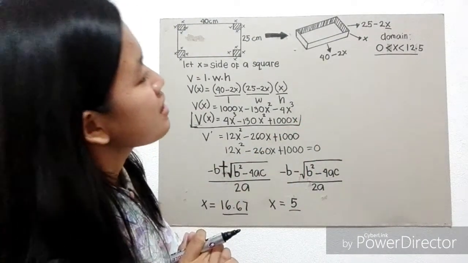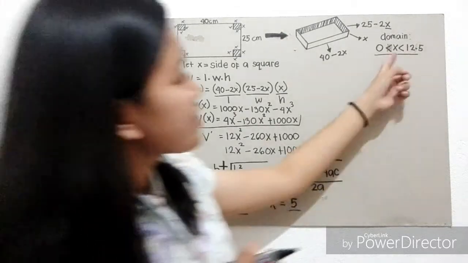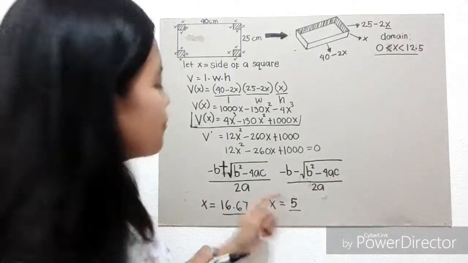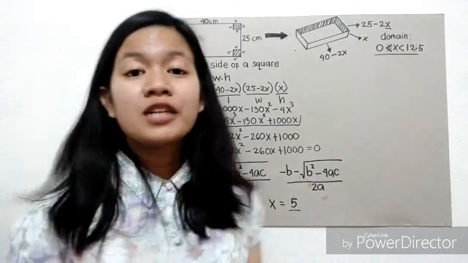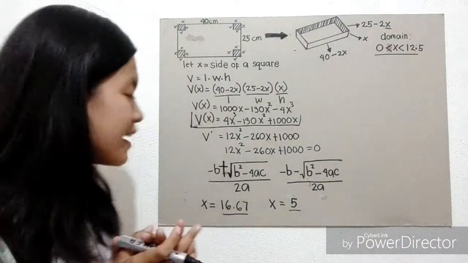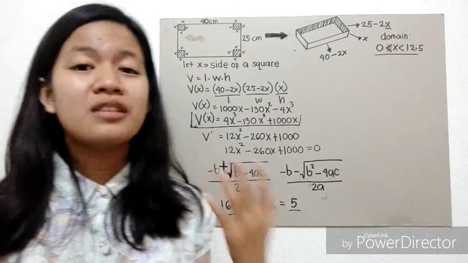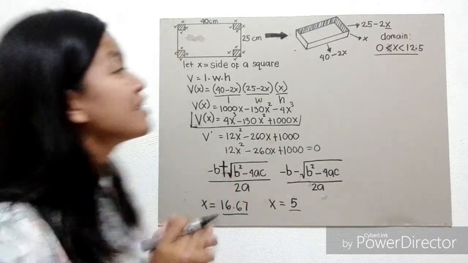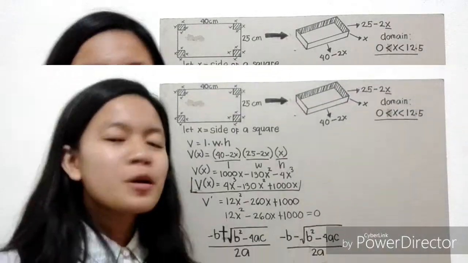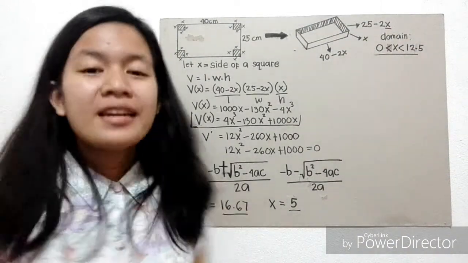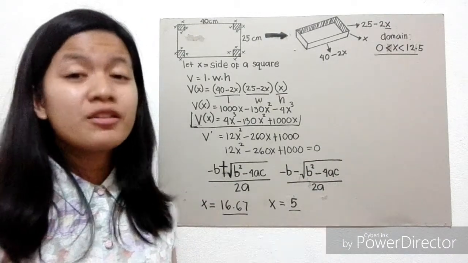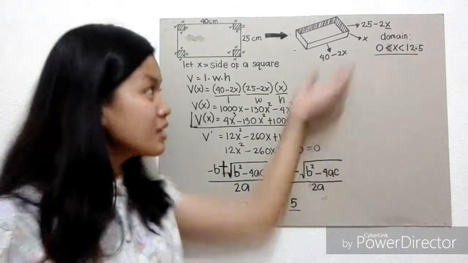Yes, it does, because we know that our x can range from 0.1 to 12.4, and 5 clearly fits. So that means 5 is the value of our x that would give us the maximum volume of our cake dish.